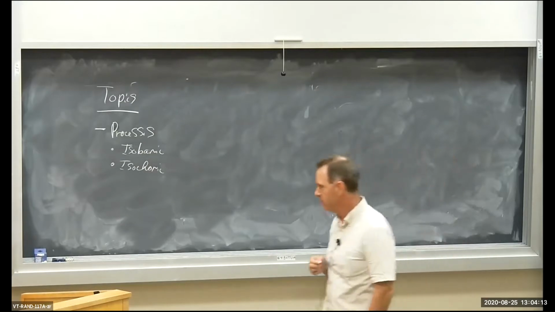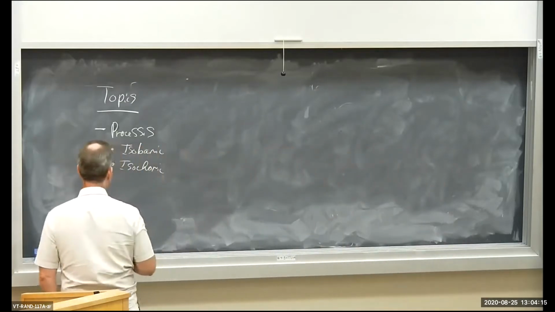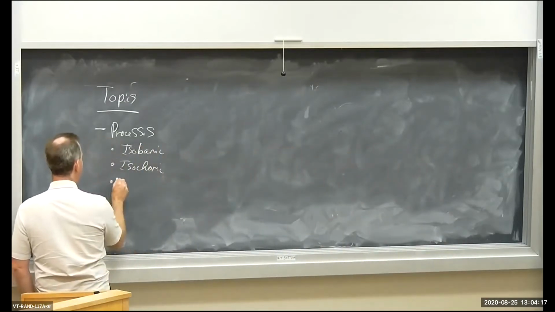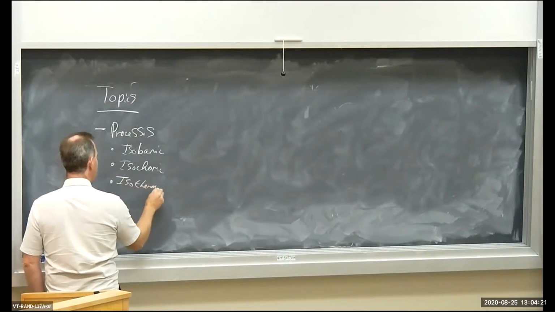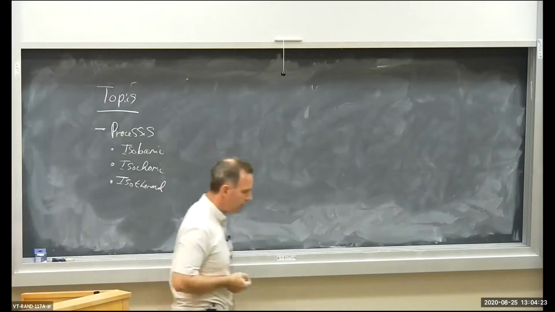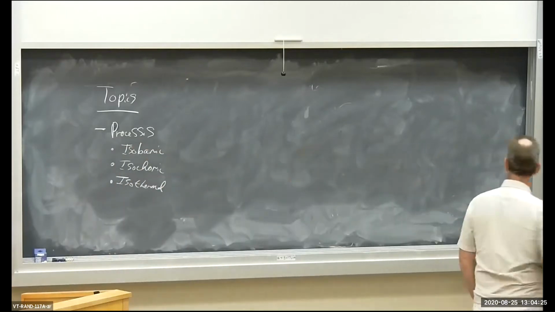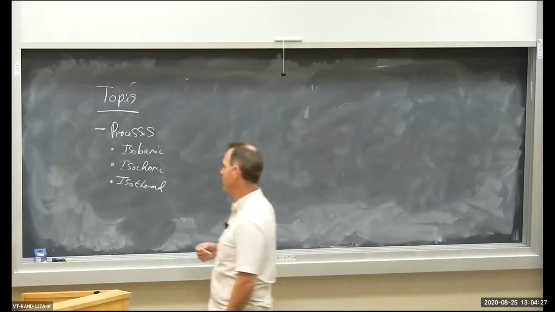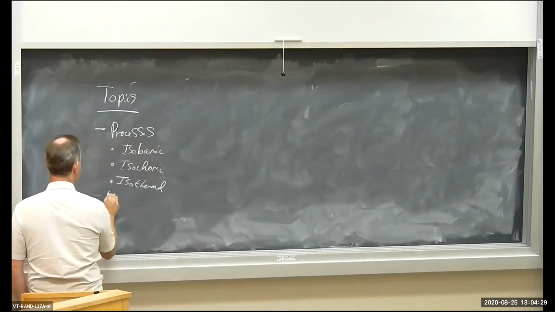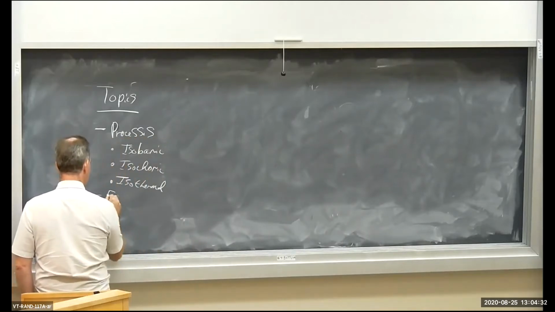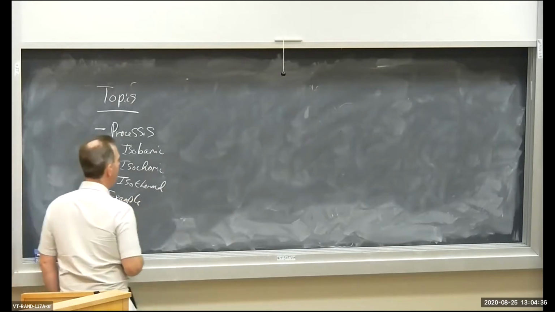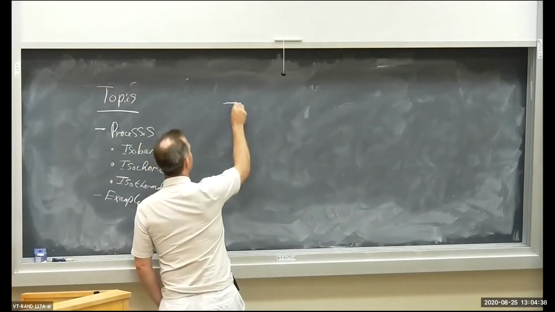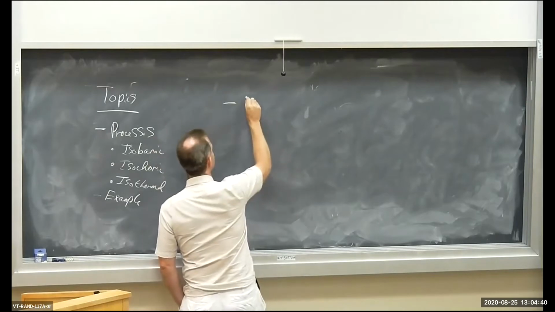Isochoric. And then we have isothermal processes. So we're going to look at these 3 processes, and then we'll do an example. And then we will move on to properties of pure substances.